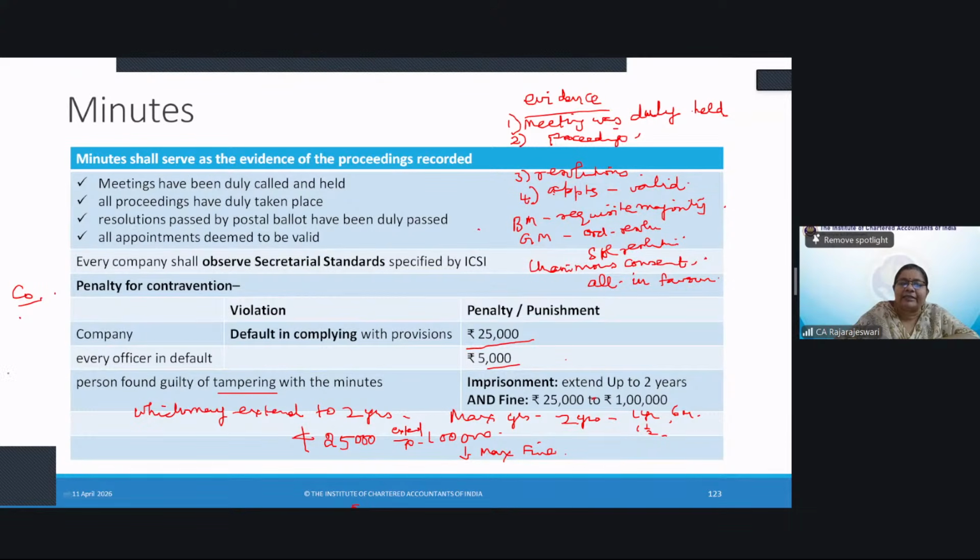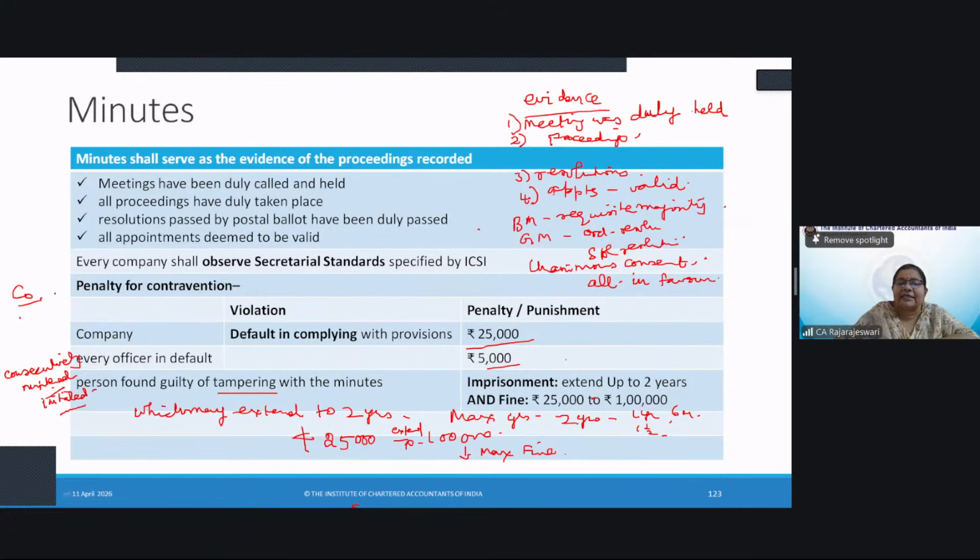That is the reason why it should be consecutively numbered. You have to number it. So once it is tampered with, you can find out when pages are missing, or another page is inserted. That is the reason why every page has to be initialed by the chairman.